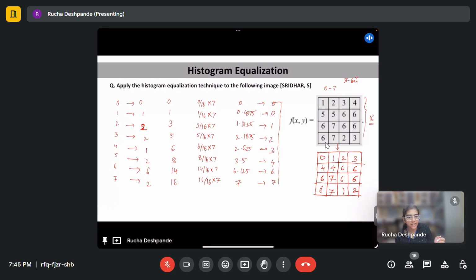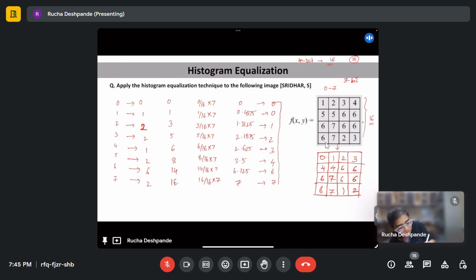So if it's a 4-bit image, then you will have a total of 16 values. Please explain with respect to an 8-bit image.